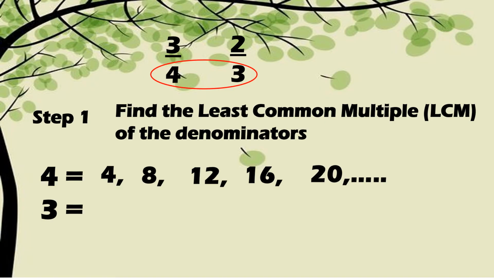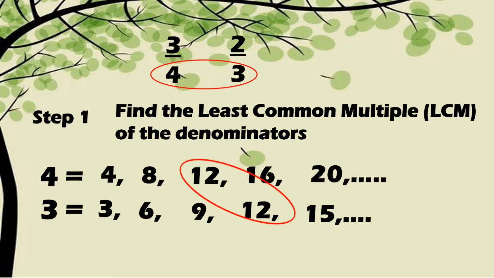For 3, we have 3, 6, 9, 12, 15, and so on. Now, as you can see from the multiples of 4 and 3, we have 12 as the common multiple. Therefore, our LCM or the least common multiple is 12.